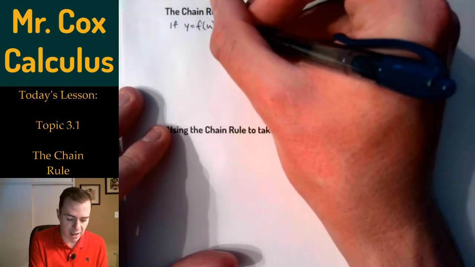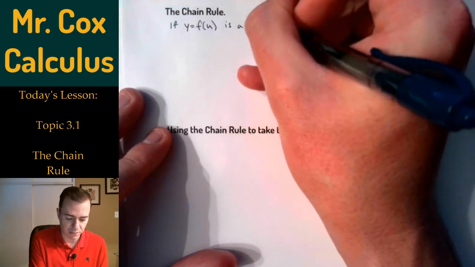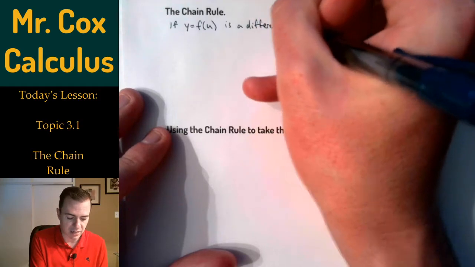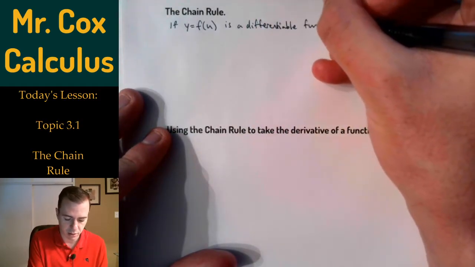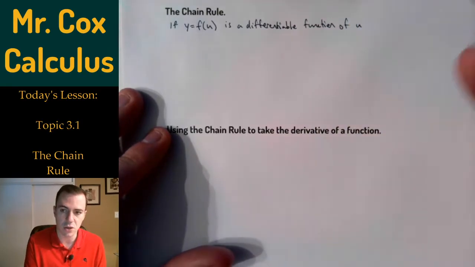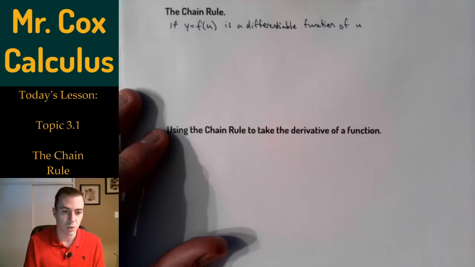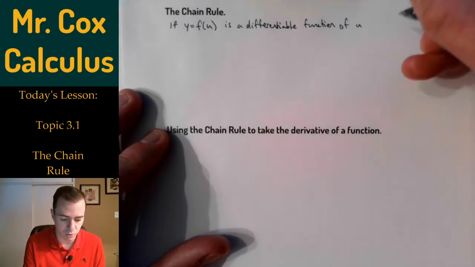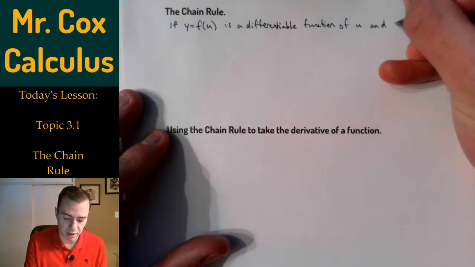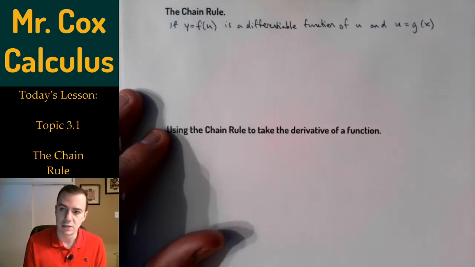So if this y equals function is a differentiable function, meaning I can take its derivative, and we would say of u, so whatever this function is, as long as I can take the derivative with respect to u, and let's say that u is some sort of function, we'll call it g of x.